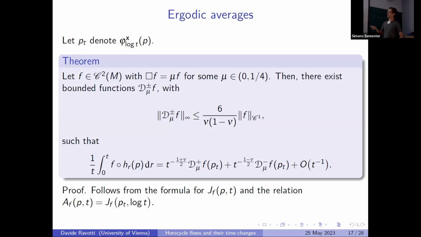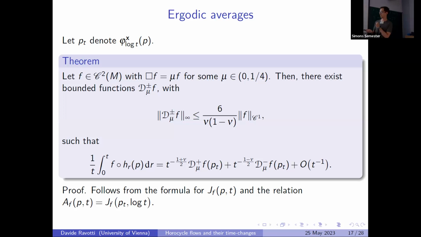Okay, now you might ask me, I want to know about generic functions, not just these very special ones. Yes? So you said mu in this case is between 0 and 1. Yes, so the first term is really t to the minus 1 plus something. This is the largest.